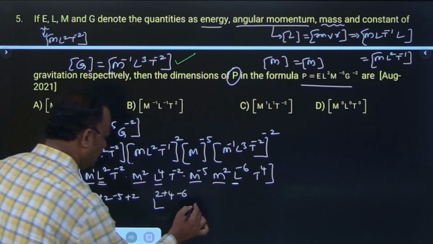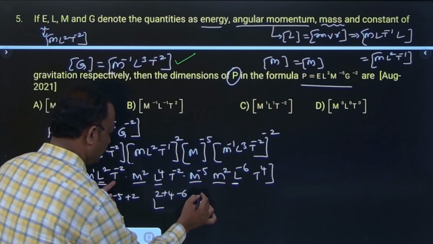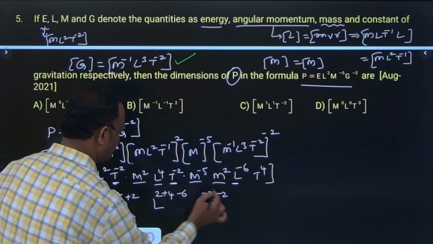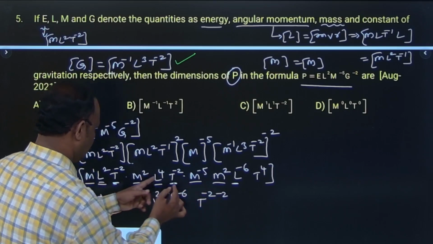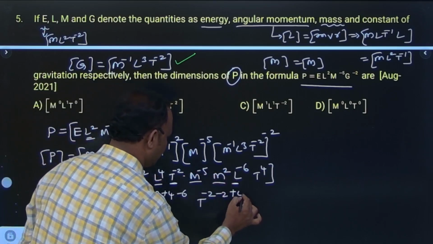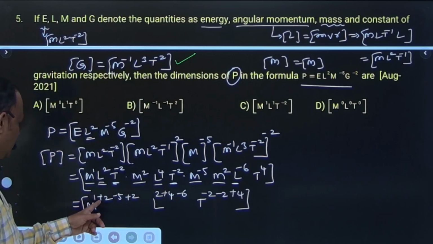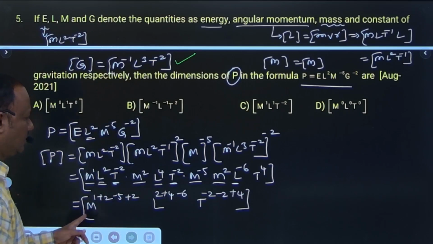Next one, T to the power of minus 2. Next one, T, this one is plus 4. Careful. So 1 plus 2, 3 plus 2, 5 minus 5. What is the answer?